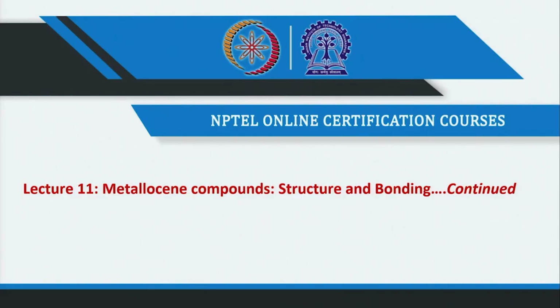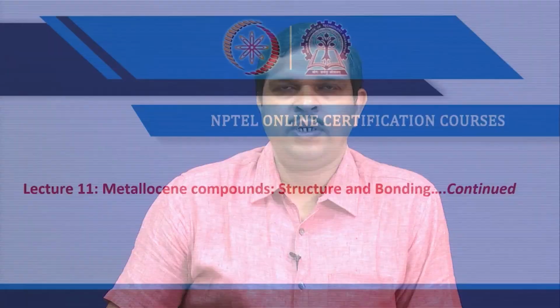Hello, welcome again. We will be continuing in this class the discussion about the structure and bonding of metallocene compounds. In the last class, if you remember, we discussed the different types of ligands with pi systems and the different modes of the cyclopentadienyl ligands.